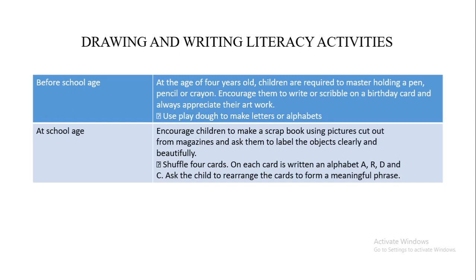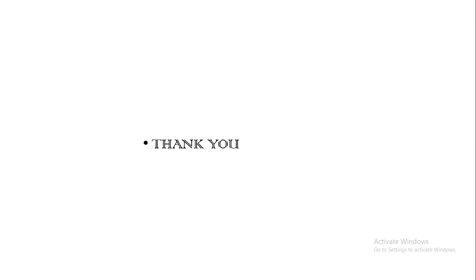And use Play-Doh to make letters or alphabets. At school age, encourage children to make a scrapbook using pictures cut out from magazines and ask them to label the objects clearly and beautifully.